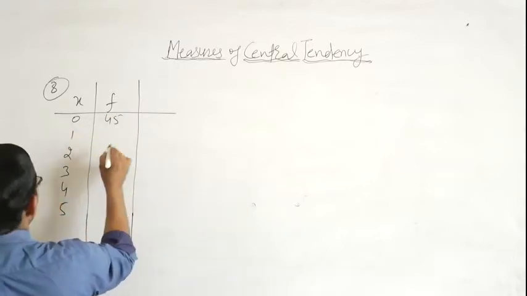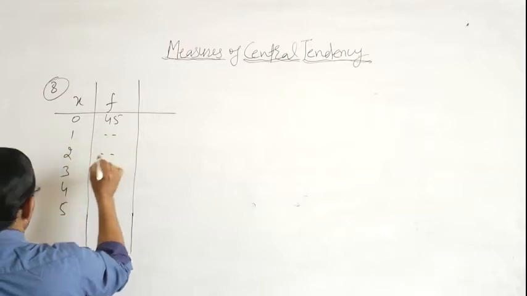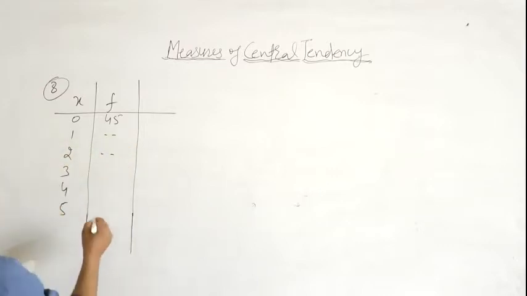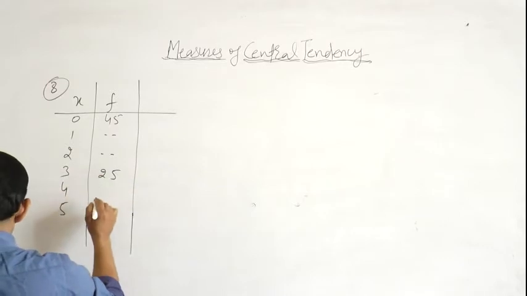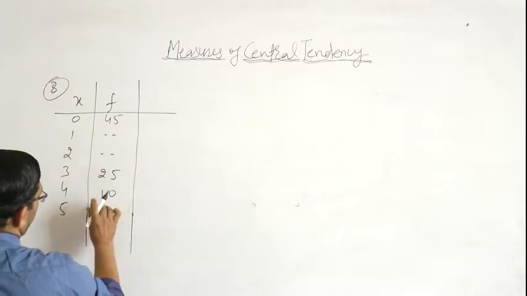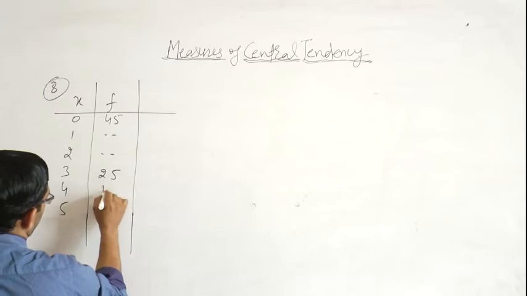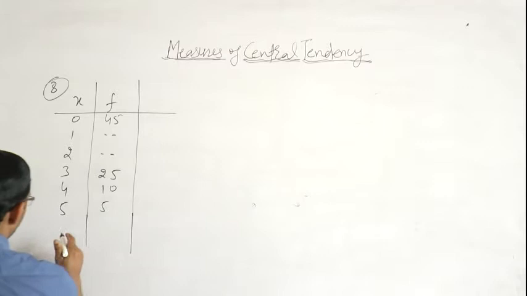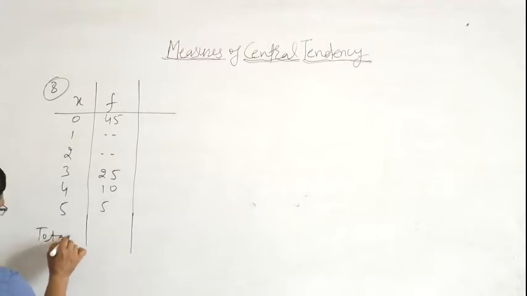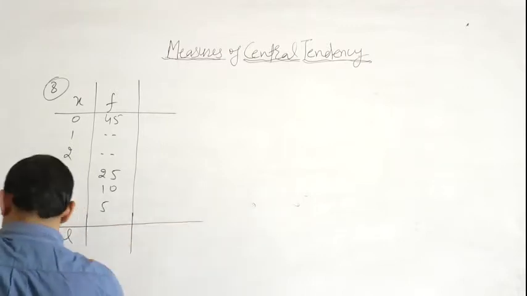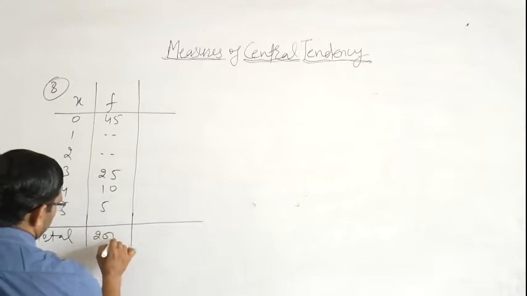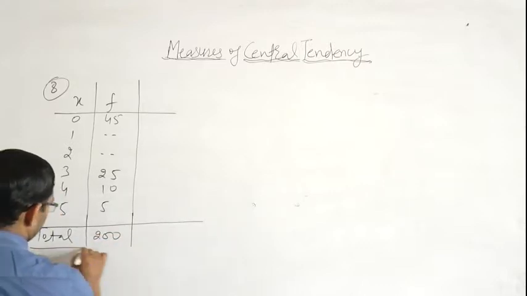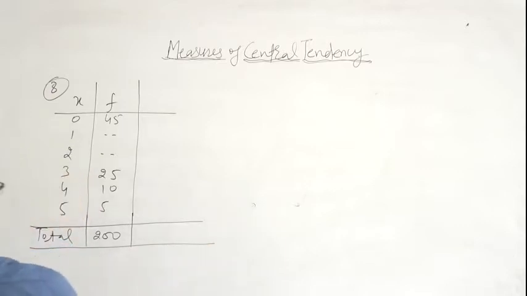Frequencies: 45, two frequencies are not given, 25, 10, 5, and total is 200. Total is 200.